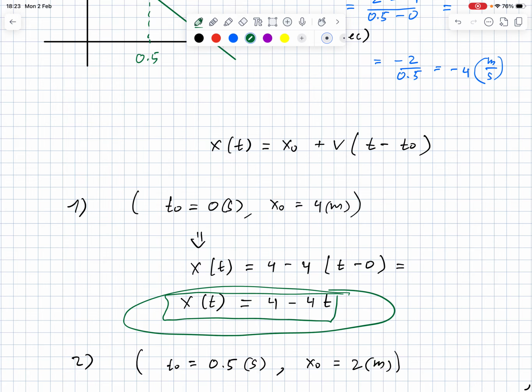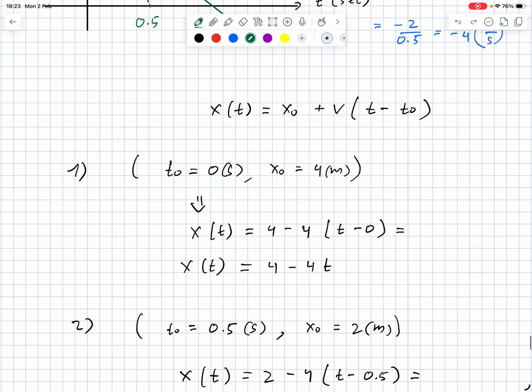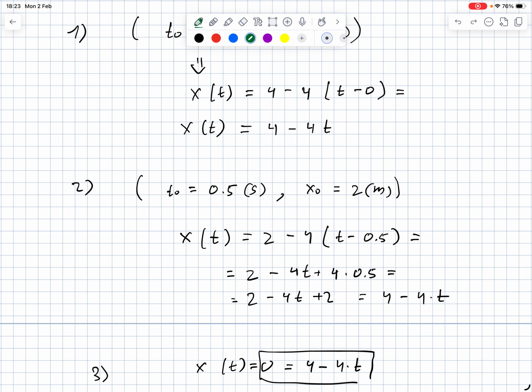Now someone can ask, will we get the same result if we use this coordinate? Let's check. Let's substitute again those parameters with those values. Then at a time of 0.5 seconds, the position of this object is 2 meters. The velocity, again, is minus 4.